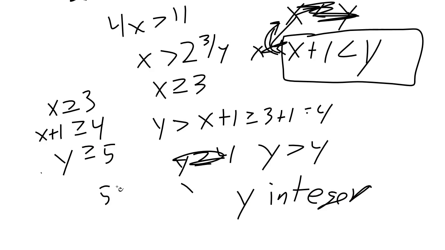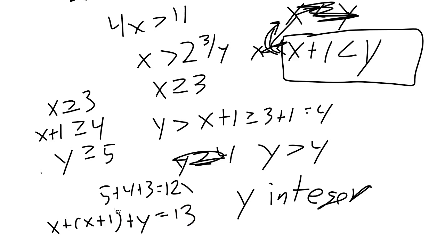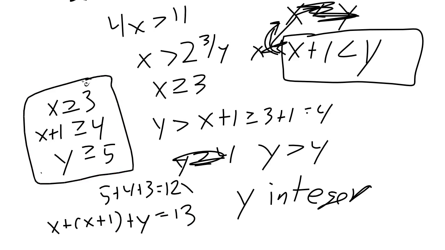These values, 5 plus 4 plus 3, add up to 12. That's not giving me a lot of leniency if the perimeter x plus x plus 1 plus y equals 13. These constraints have already forced me such that these add up to at least 12. That doesn't give me a lot of wiggle room.